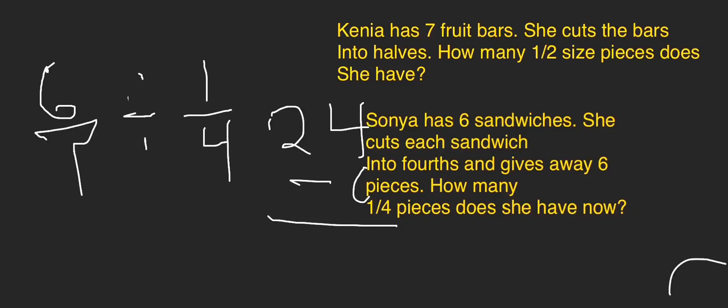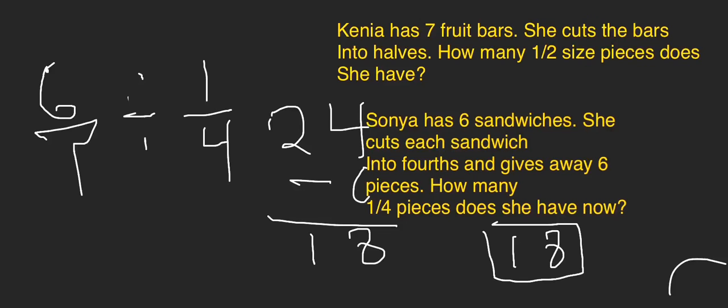So 24 take away 6 is 18. So the answer to this question, how many 1/4 pieces does she have now? She has 18. Because you had to subtract the 6 that was mentioned in the problem.